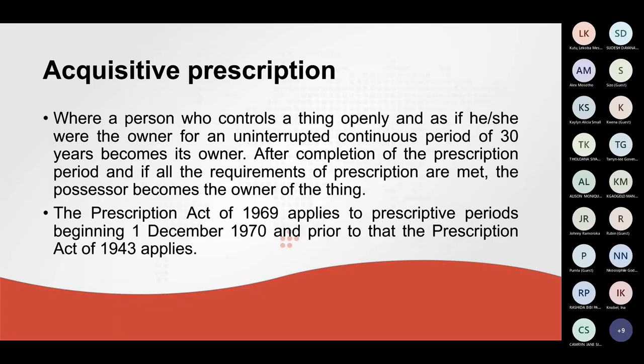You can acquire a servitude in that regard as well. So that is what is meant by prescription for an uninterrupted continuous period of 30 years.